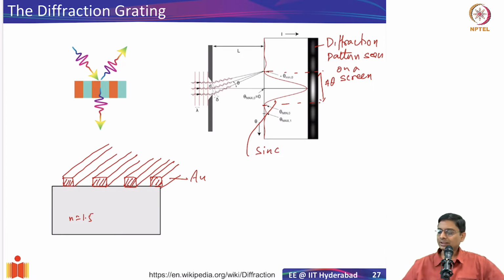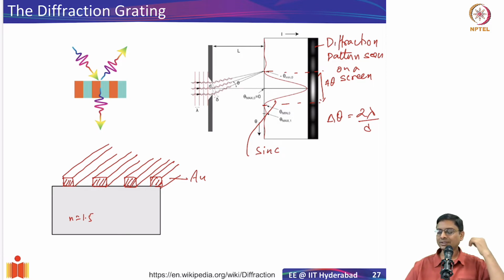And it turns out that the width of the central lobe, delta theta, is equal to 2 lambda by d. What this tells us is that, let's say if I have my wavelength to be 500 nanometers, and I have the slit width to be, let's say, 2 millimeters, then my delta theta is going to be very, very small.